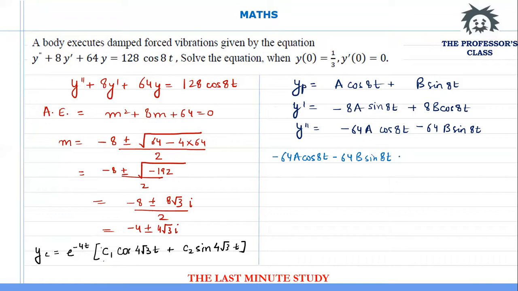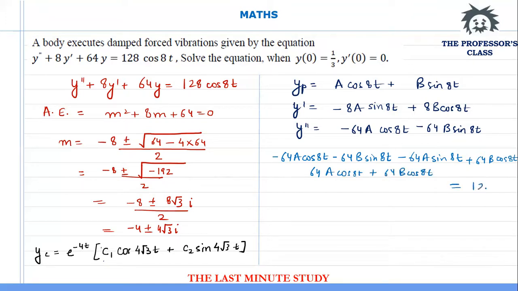Now substituting these values, this will be multiplied by 8. I'll get minus 64a sin 8t plus 64b cos 8t, and 64y, so 64a cos 8t plus 64b sin 8t.